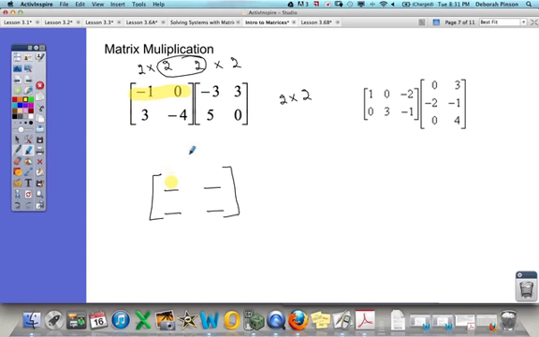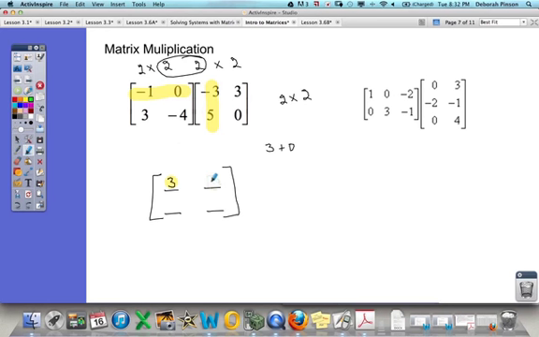I'm in column 1. There's column 1. And then here's your process to get this number right here. You're going to multiply the first number times the first number in your second matrix, so 3. And then you're going to multiply the other numbers that are left. So plus 0 is 3. So you're going to do the row from the first matrix, column from the second matrix, and then multiply their elements together.